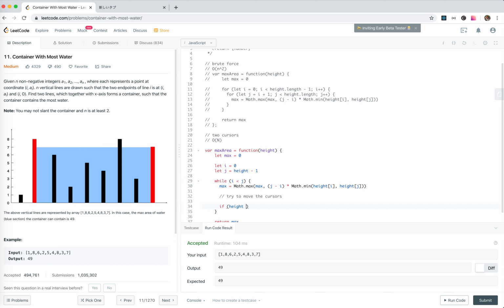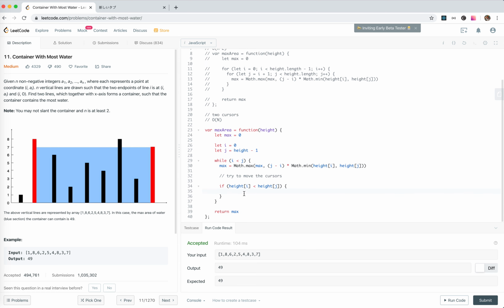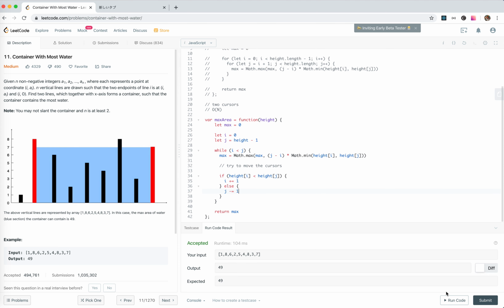If height i is smaller than height j, we just i plus 1. In the other case, j minus 1. So that's done.